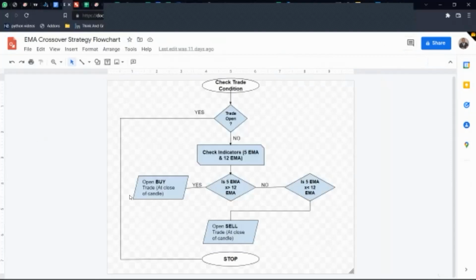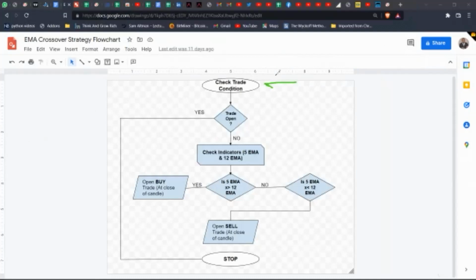Now, I already have this drawn out. One of the first things: once we've deployed our EA, the EA is going to check for trade conditions. What this means is that it's going to check to see if there are any open trades. Because the EA, for every trade it takes, is going to identify it, it will always be able to see that it has a running trade, right?